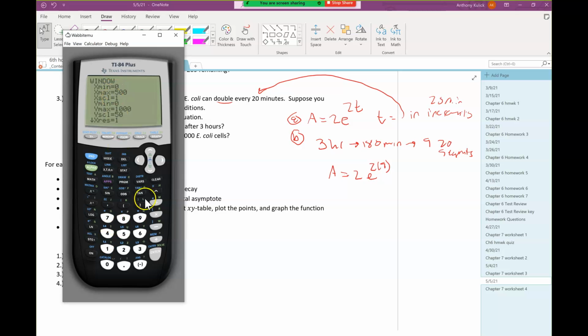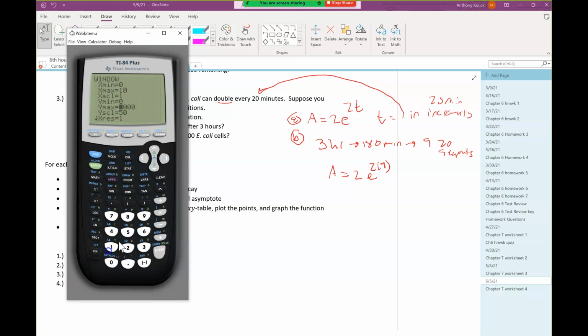And to set my window, I know that by the time t was 9, it was well over 1 million. We just saw that result there. So I'll go 0 to 10, should contain that. The minimum was 2. I'm just going to leave it at 0, though. And the maximum needs to be over 1 million. So I'm going to do like 1.5 million.